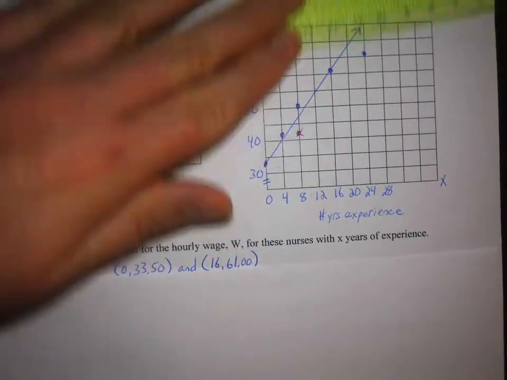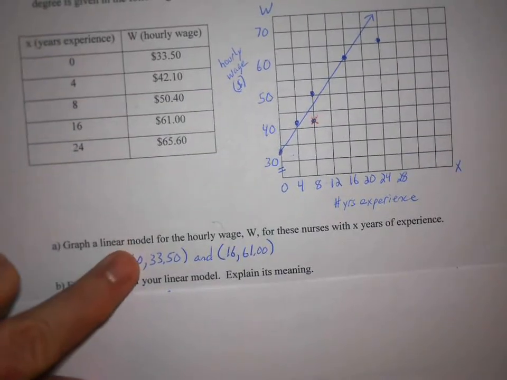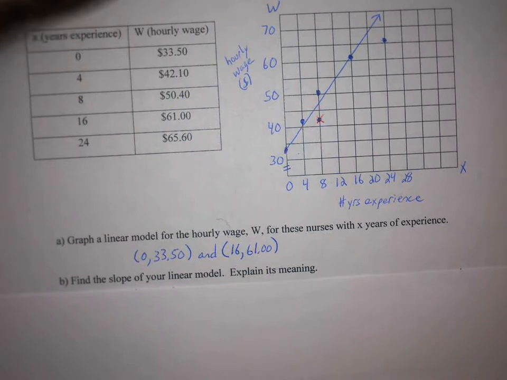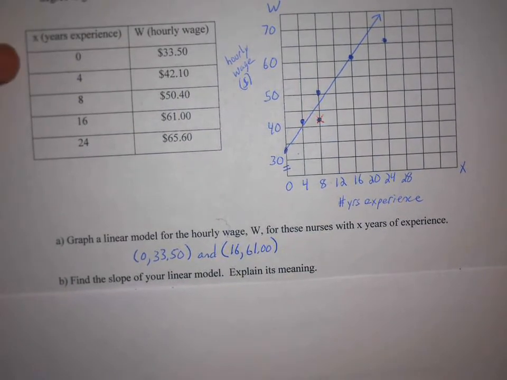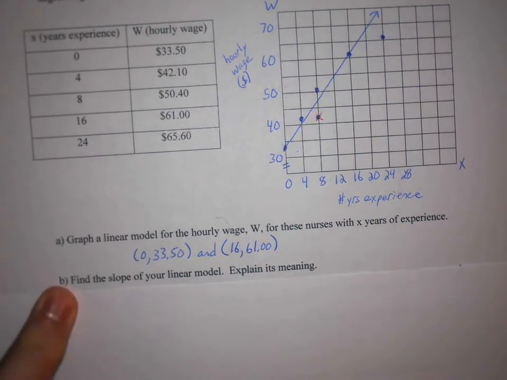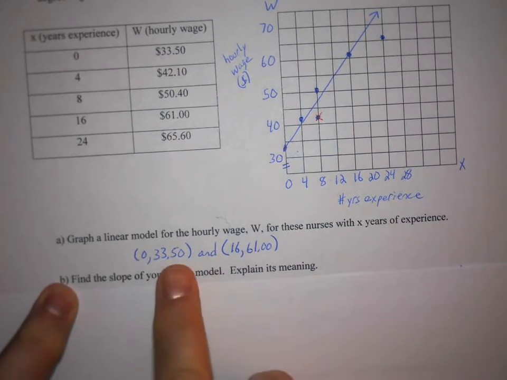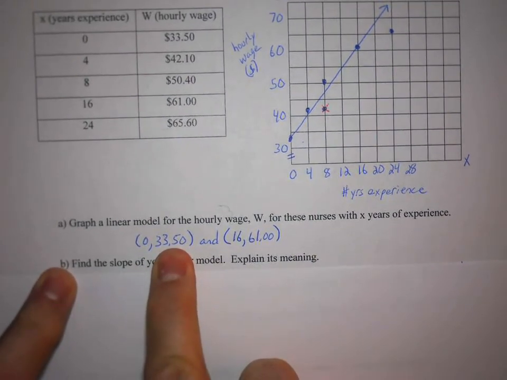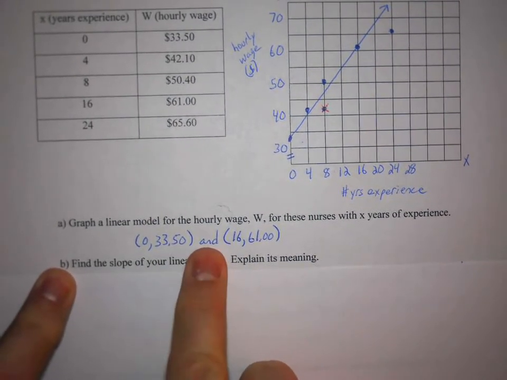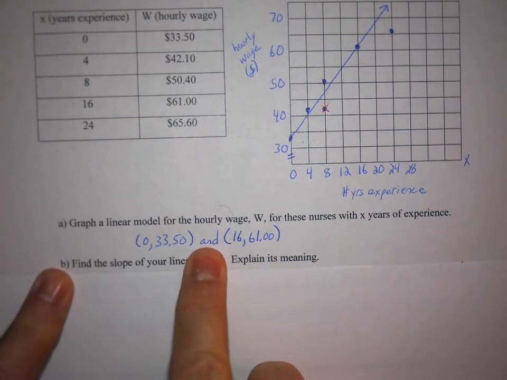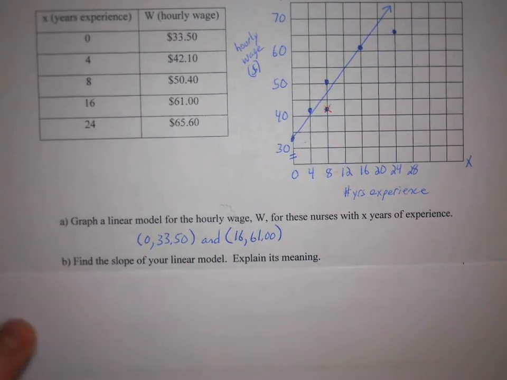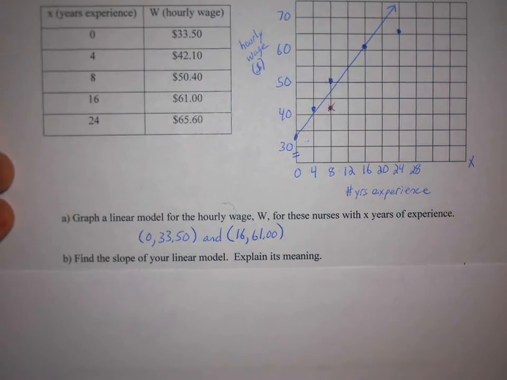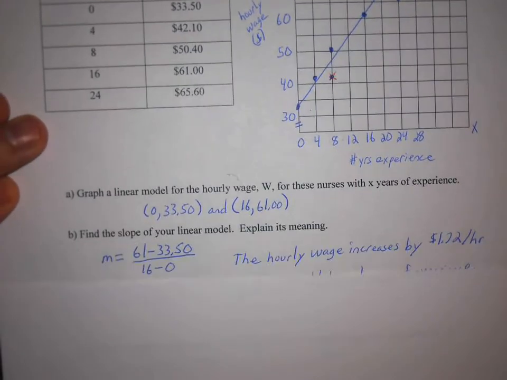Okay, so what I used was (0, 33.50) and (16, 61). So now this question just boils down to write the equation of a line or find the slope through these 2 points. And that's something that we should all be able to do. If you want to pause the video and try that, go ahead and I'll show the answer.